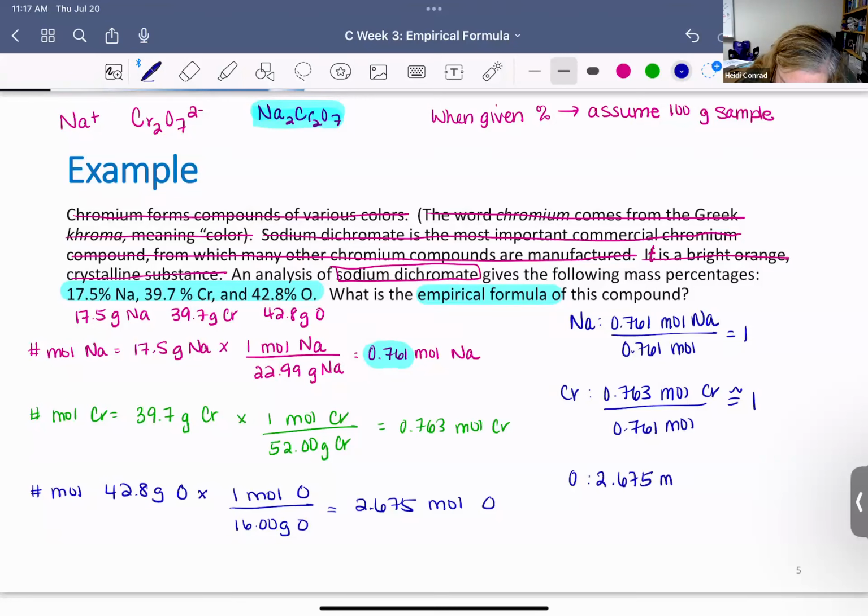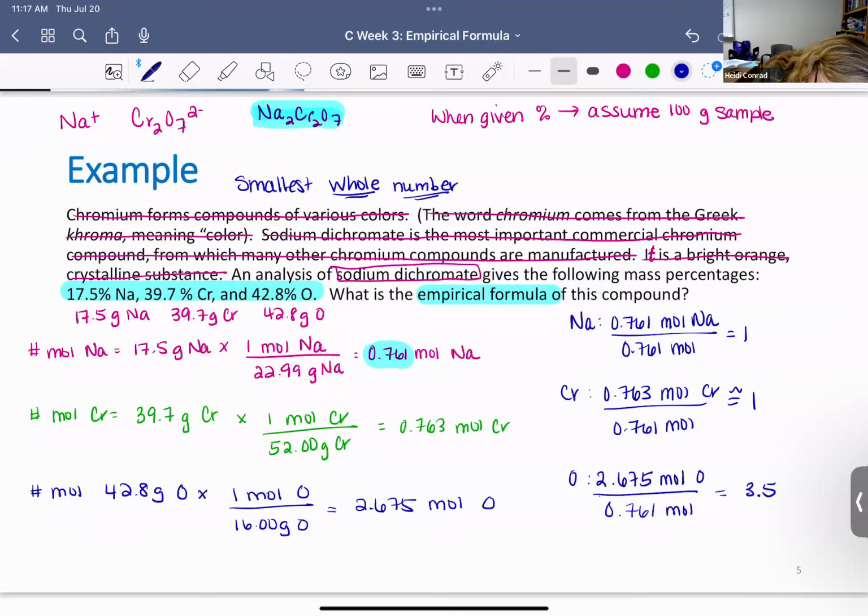And I have oxygen, 2.675 moles of oxygen to 0.761 moles from the sodium gives me 3.5. Now, here's the problem. We can't leave this as a fraction. We want the smallest whole number multiple ratio.